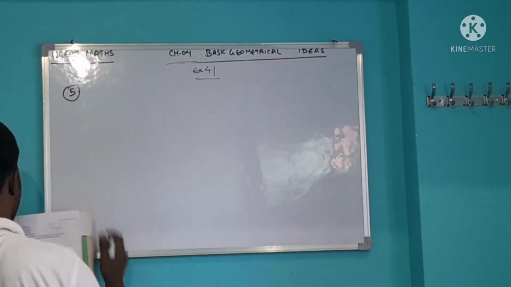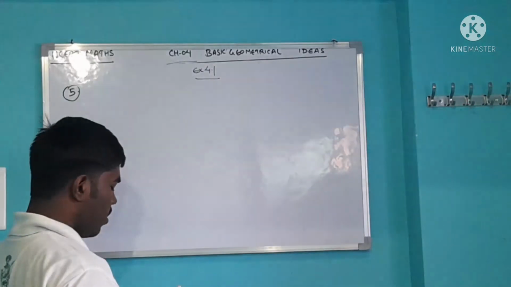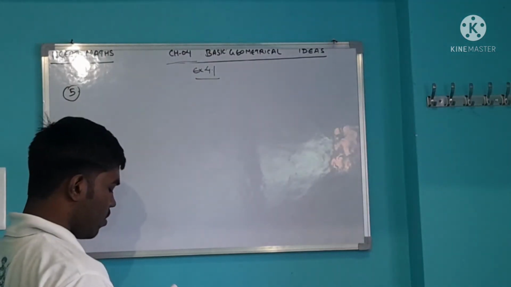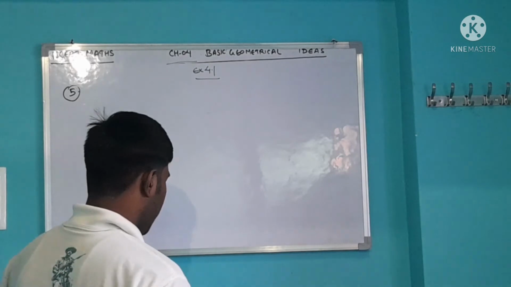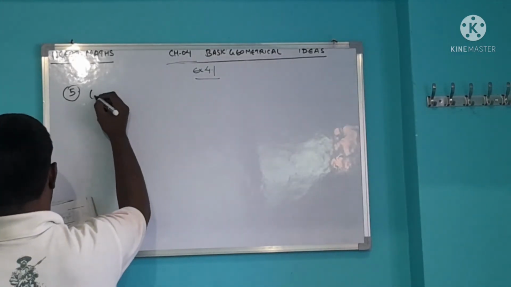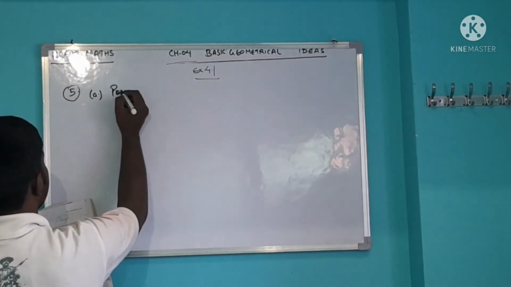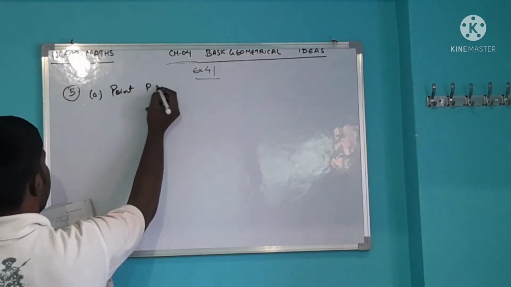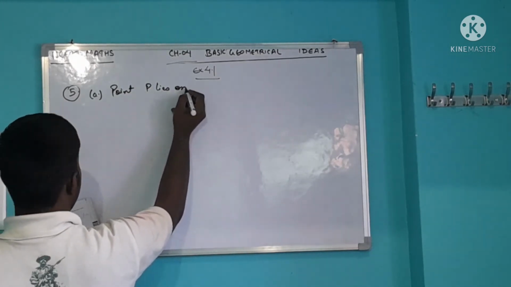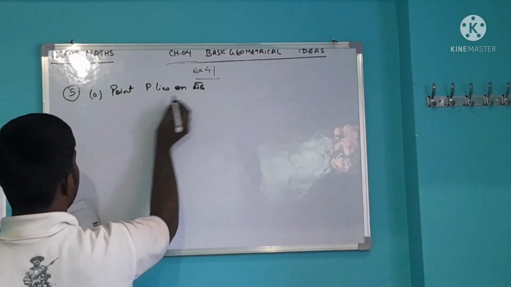In fifth question we have to draw a rough figure and label it suitably in the following. We need to find a figure having point P lies on AB segment.